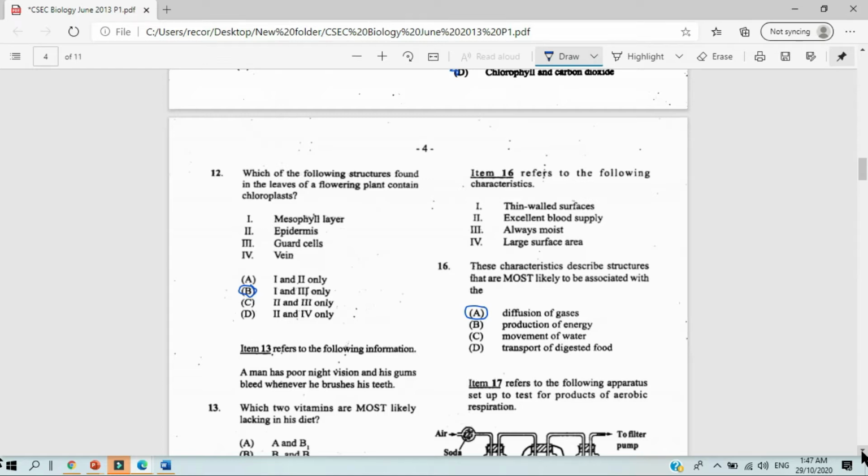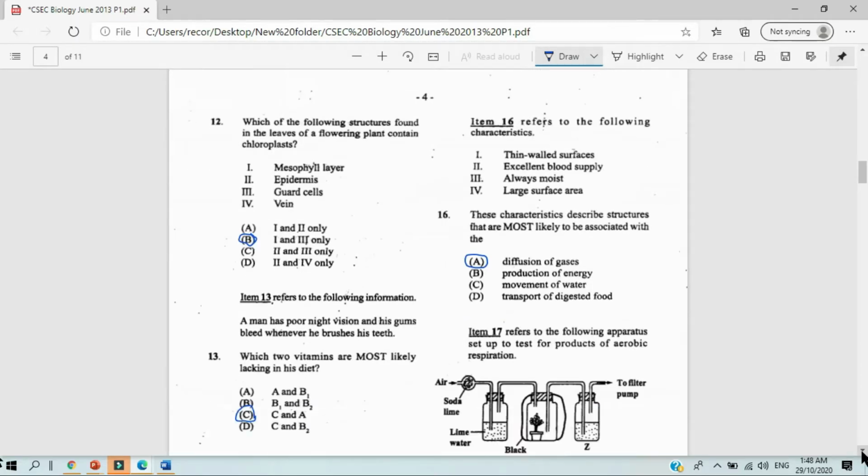So our most suitable answer is going to be the mesophyll layer and of course the guard cells. So our answer is going to be B. Alright, that's where we would find the chloroplasts. Not in the vein and not the epidermis. You know, the epidermis is a protective layer above the palisade mesophyll, so not there.